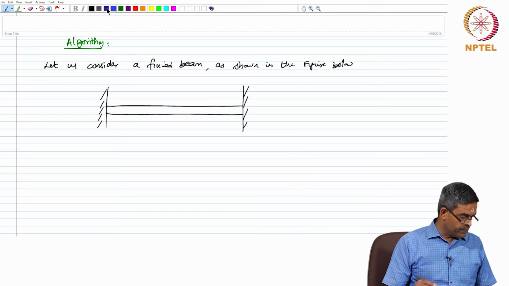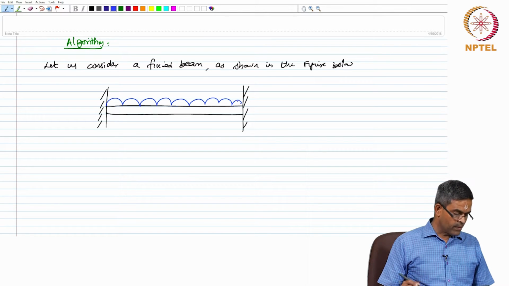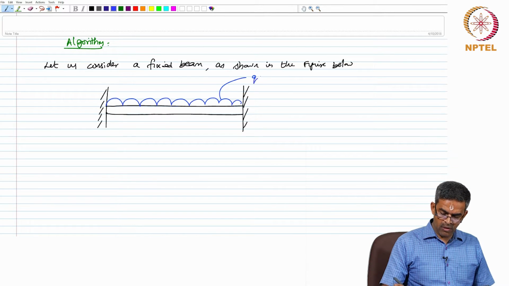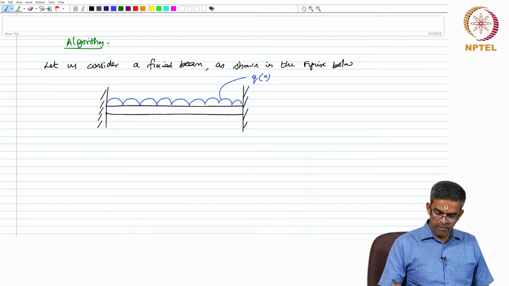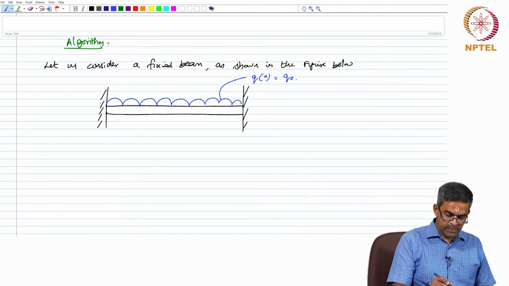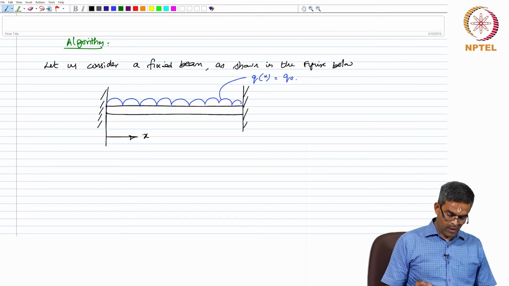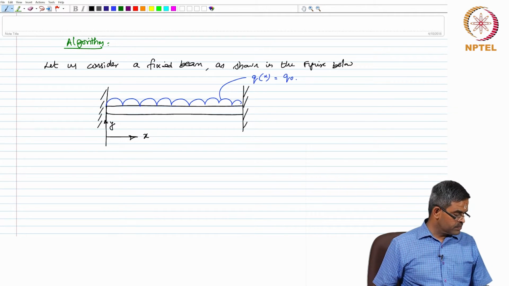The beam is subjected to some loading pattern which is function of x, which is considered as q0, and x is measured positive towards the length of the member and y is measured positive towards upward.